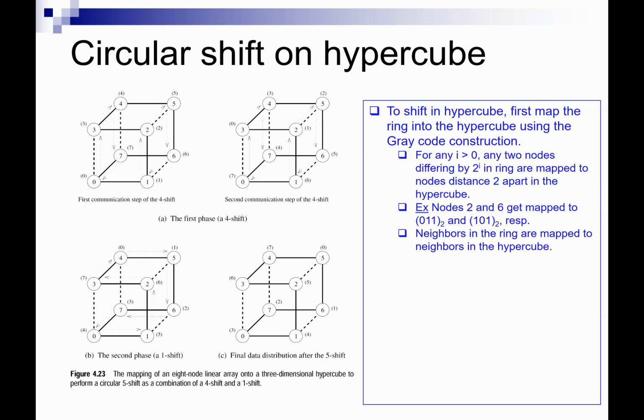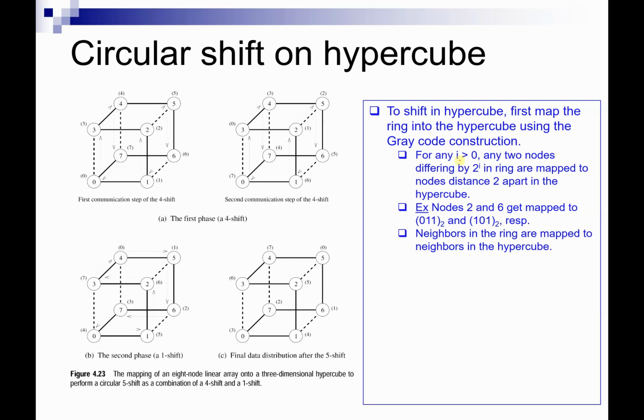If you want to look this up, you can go back to one of the earlier lectures where we covered this in more detail. But anyways, we have this mapping from the ring to the hypercube, and this mapping has some properties. For example, you can try to check or prove these properties. They're not hard to prove.